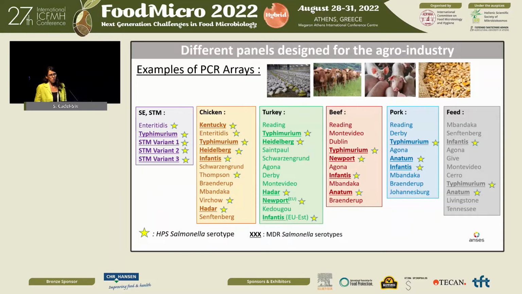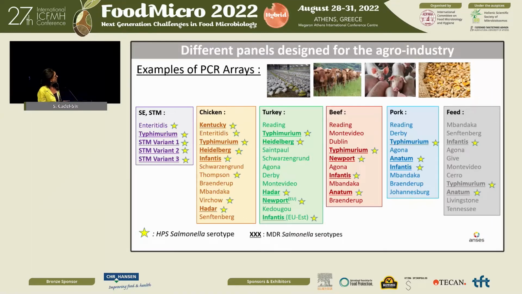So we designed and validated several markers for several serotypes, and now we can imagine designing a test specific for each food sector. In this way, we can test a great amount of strains.